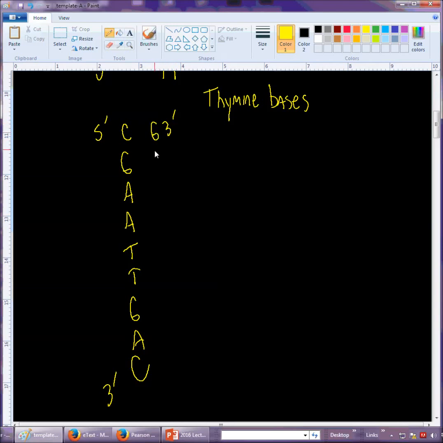So G, C, T, T, A, C, T, and G. Now we can put our hydrogen bonds in here. Two between the A's and T's, three between the G's and C's.